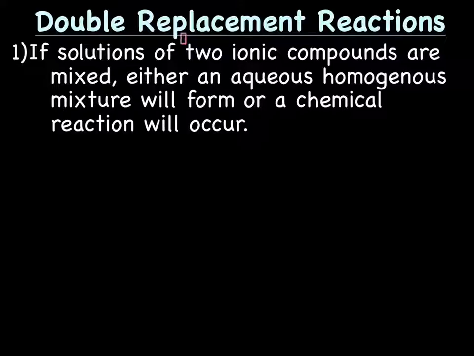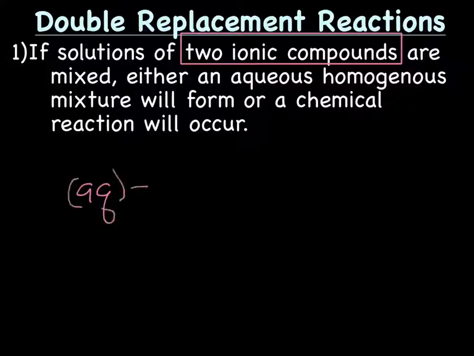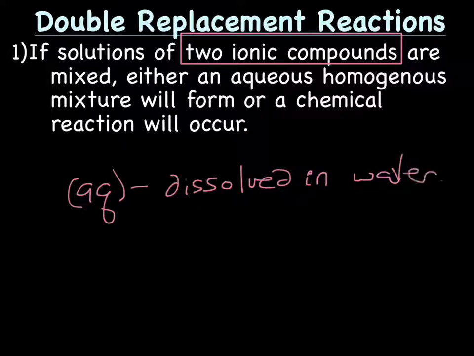First of all, a double displacement reaction is between two ionic compounds, and they're going to be in the aqueous state. Aqueous, AQ, means the ions are dissolved in water, and they're separate ions just floating around. So what are the two things that could happen?